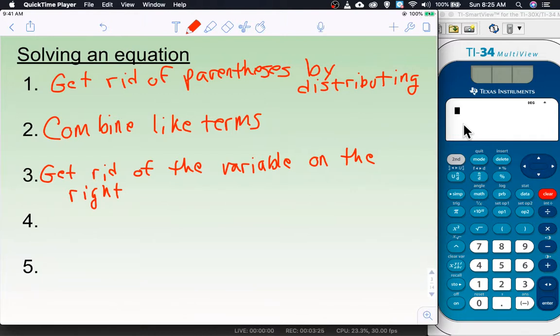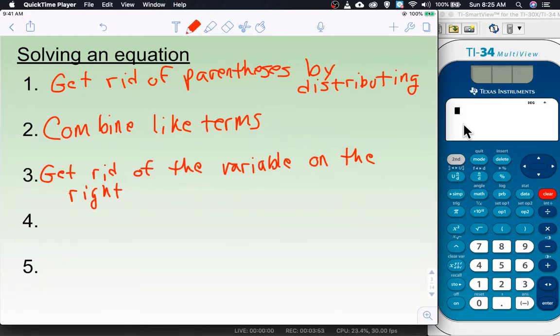So I said yesterday that these steps aren't set in stone, like you have to do exactly this. This is the method that will give you the easiest method of solving an equation most of the time. And that's true here as well. This idea of getting rid of the variable on the right, if you've got variables on both sides, is just to make your life easier most of the time. And we'll see examples of that.